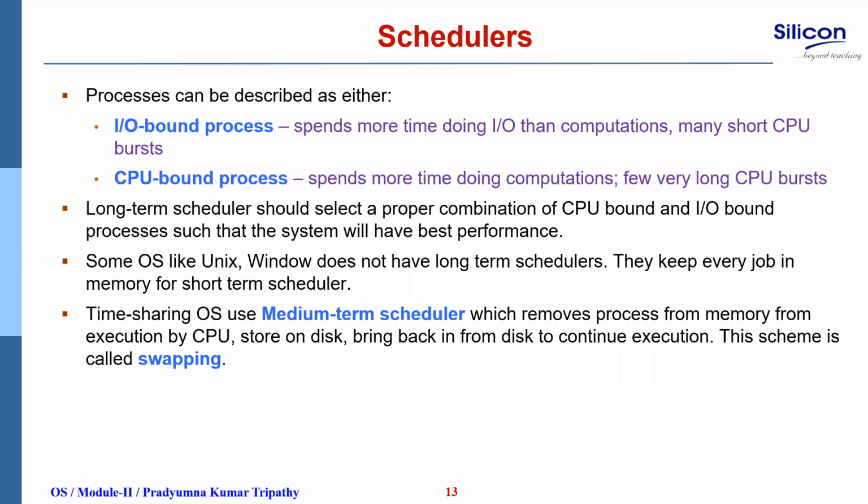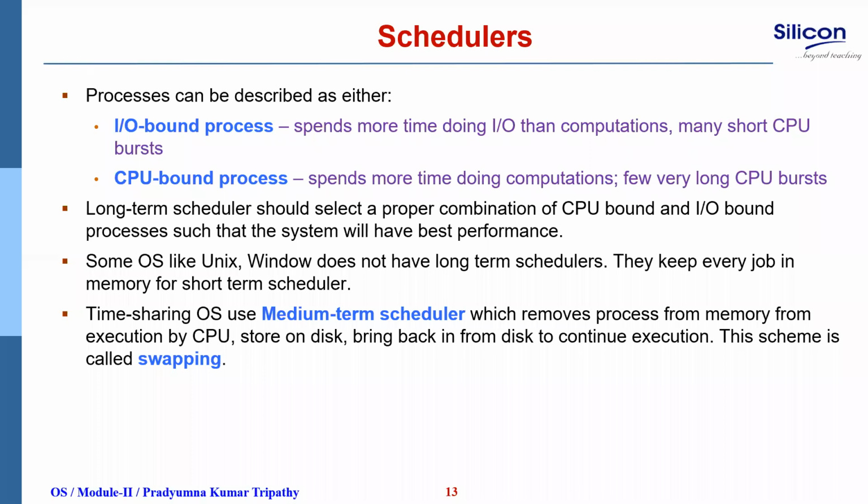They spend more time on computation and less time on IO operations, so they have very long CPU bursts. One process might take much time for execution. In IO bound processes, the CPU is idle because they have short CPU bursts. But in CPU bound processes, most of the time the CPU is busy because they have very long CPU bursts.